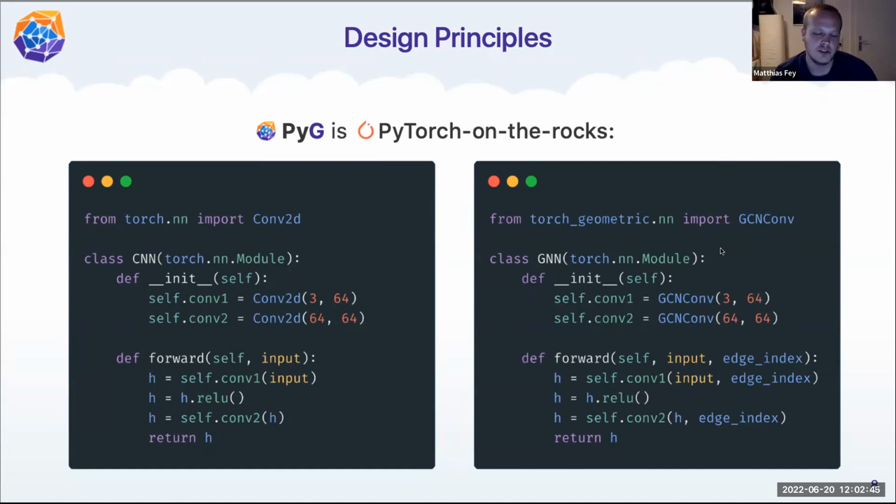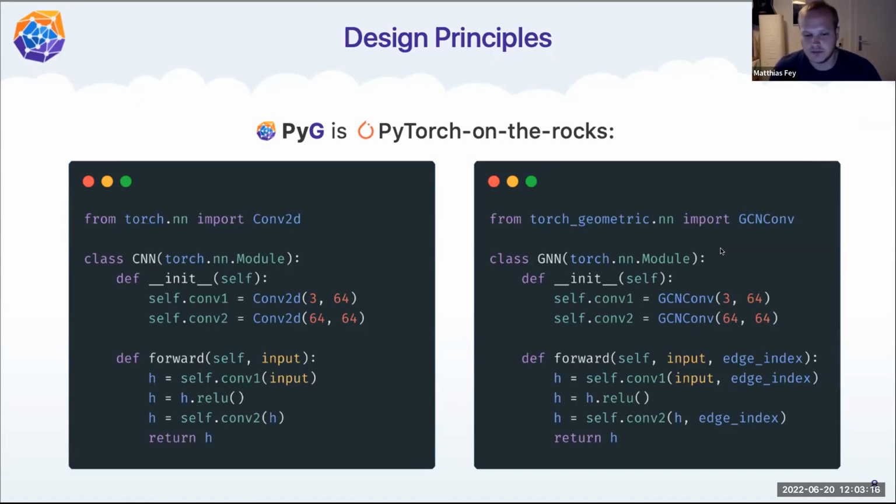And so here we define two convolution operators on the left, and in the forward, we just enhance it by a nonlinearity. On the right, this is actually how a GNN module looks in PyG. And so it nearly looks the same. So we again have our constructor, but instead of initializing convolution operators that expect grid-like data, we now have operators that expect any graph structure as input.